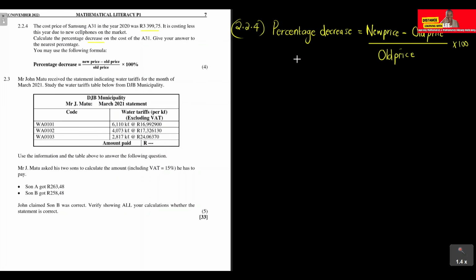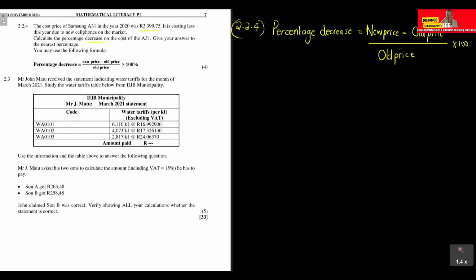This question is nice and easy because they've given us the formula. All that we need to determine is what our new price is and what our old price is. The new price is the latest price, and the old price is the price from the previous year.